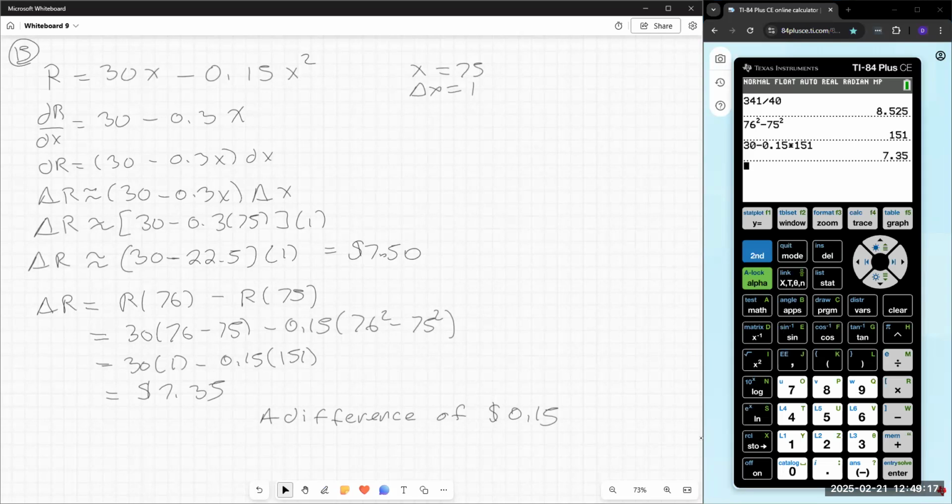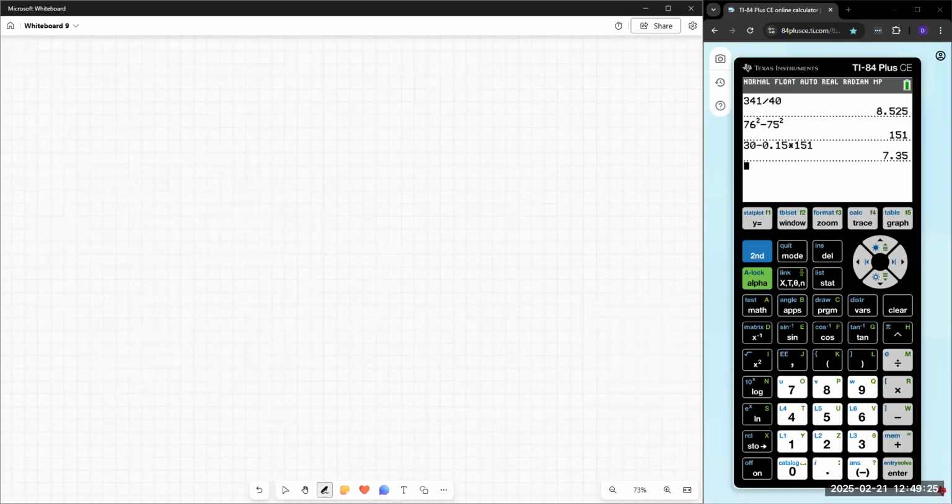Now number 16. It says r is equal to 50x minus 1.5x squared. So dr/dx is 50 minus 3x. dr is exactly (50 minus 3x) dx.